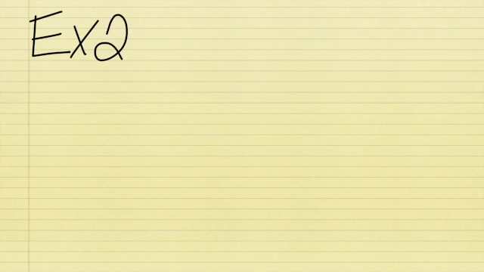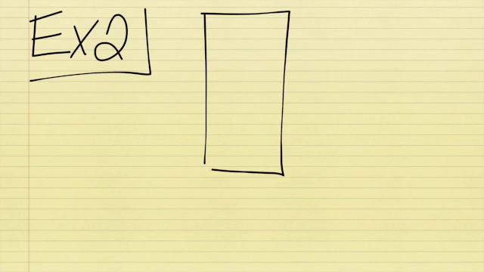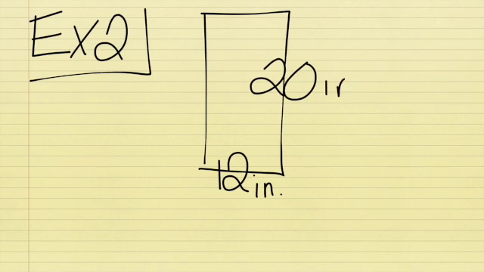Example number 2. Here is a rectangle. Okay, once again, you'll use some basic numbers. Let's use 12 inches, and let's use 20 inches. Okay, first things first, write the formula.